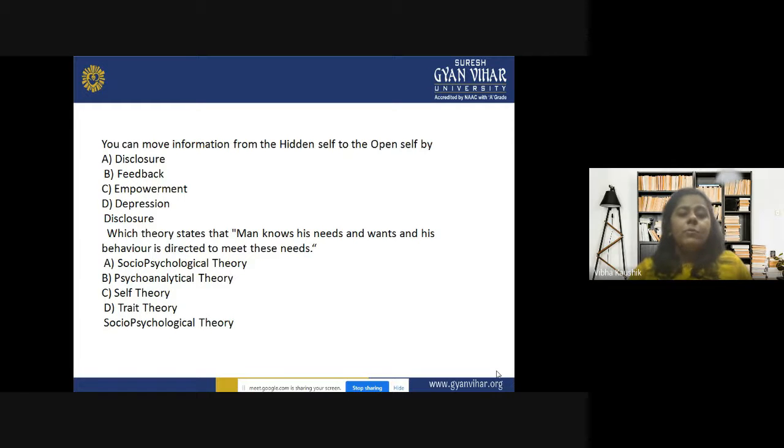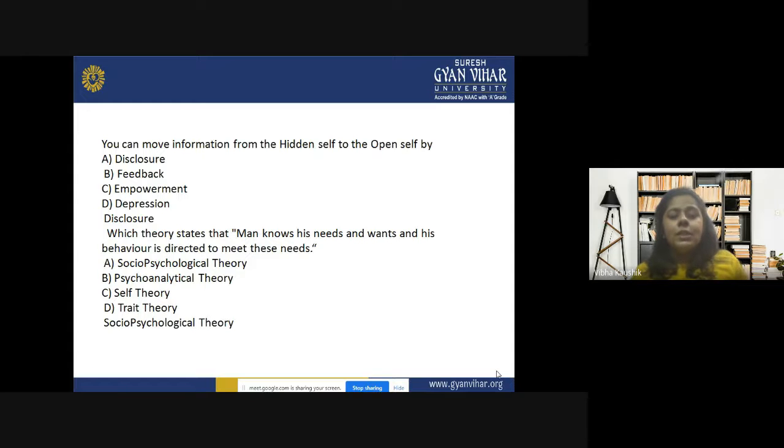Now, the next one, you can move information from the hidden self to the open self by. Means how you can move information from the hidden self to the open self by. Now the options are A. Disclosure, B. Feedback, C. Empowerment, or D. Depression.